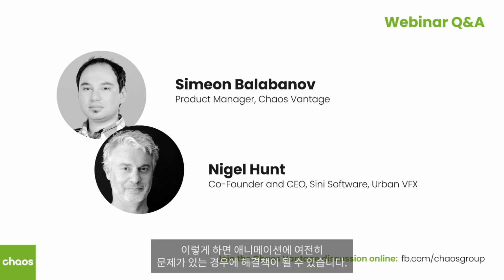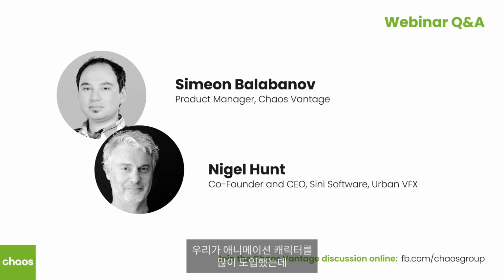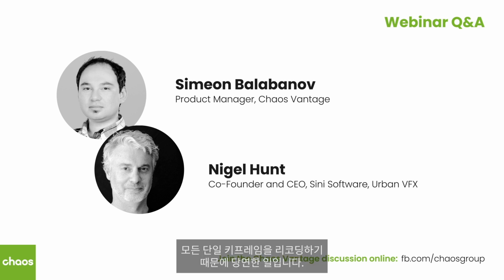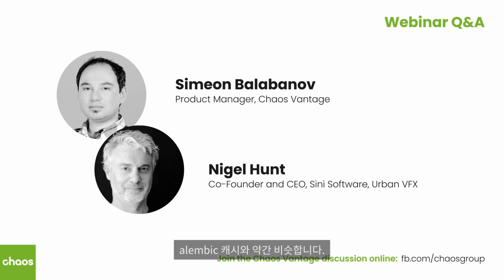So that could be a workaround if you still have issues with the animation. Yeah. We've brought in a whole lot of animated characters, and it's a bit like using an Alembic file. It just increases the VR scene size, but that's to be expected because it's recording every single keyframe. It is more or less an Alembic cache. It's just the format is different. But yes, you're completely right.